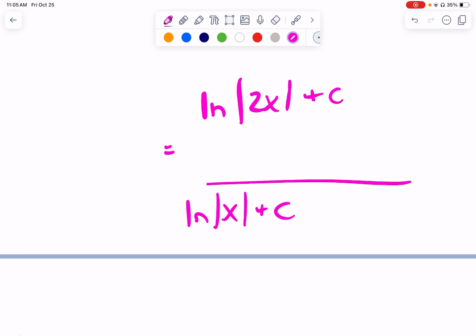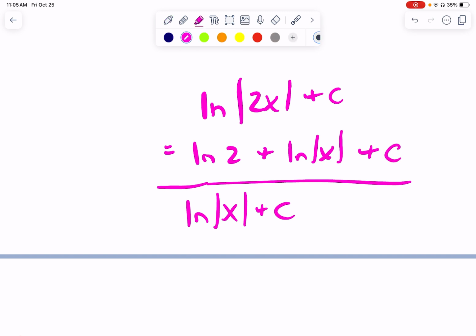Because if we use the log rule, this is the natural log of 2 plus the natural log of x plus c. And since this thing is a constant, it can get absorbed into the c and we just have a different constant. So sometimes when logarithms are involved, depending upon the choices you make, two people might have answers that appear to be different, but they're actually the same because of the c.